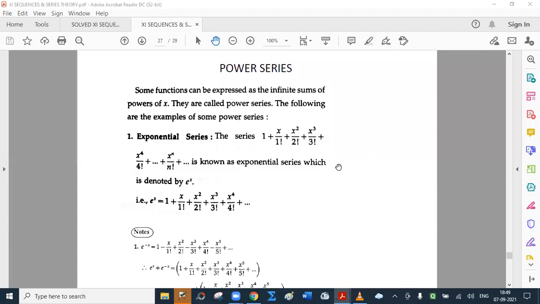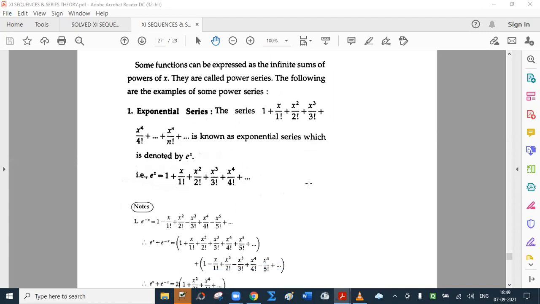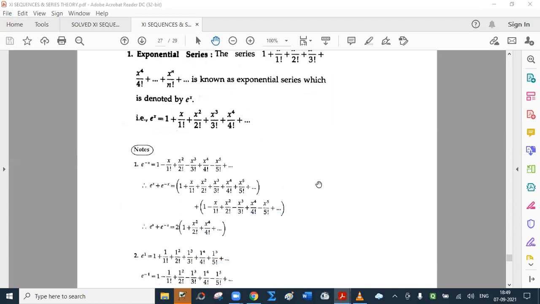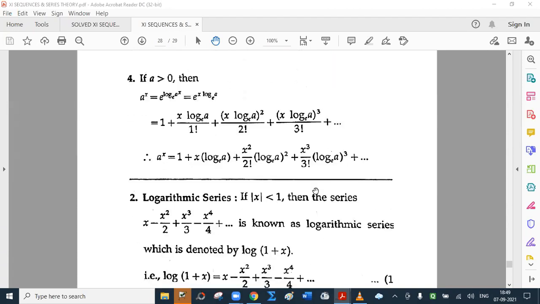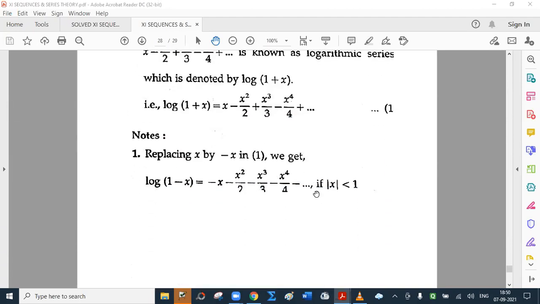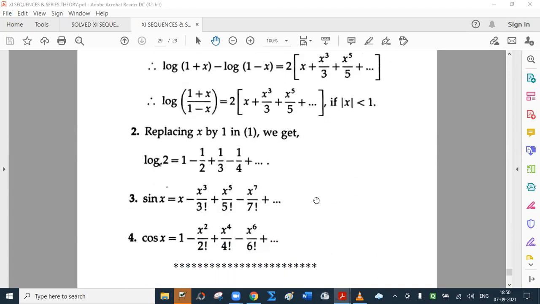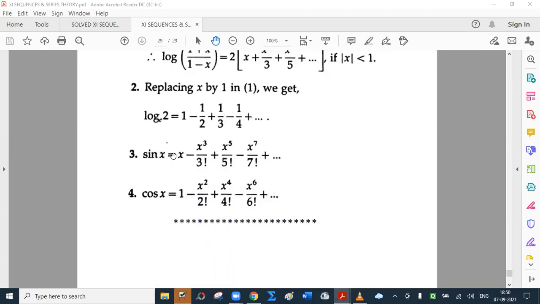Actually, this part is there in the textbook, but we will discuss it once we discuss permutations and combinations, because there we have to discuss this. This is called factorial notation. Then the exponential series, I think the logarithmic series is also given, and finally sin x and cos x. This is an infinite series. Sin x is x minus x cube upon 3 factorial, and so on.